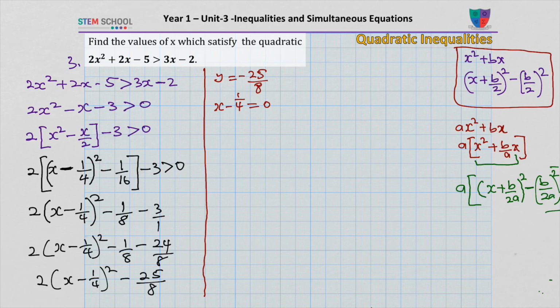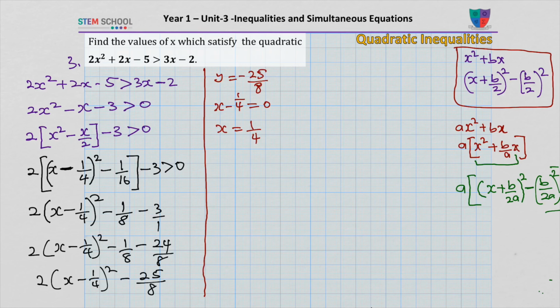Therefore, x equals 1/4. So those are the x value and the y value at the turning point. The x value at the turning point is also the line of symmetry. Now I need to finish solving my equation. Maybe factorization would have been quicker, but this gives us the turning point.